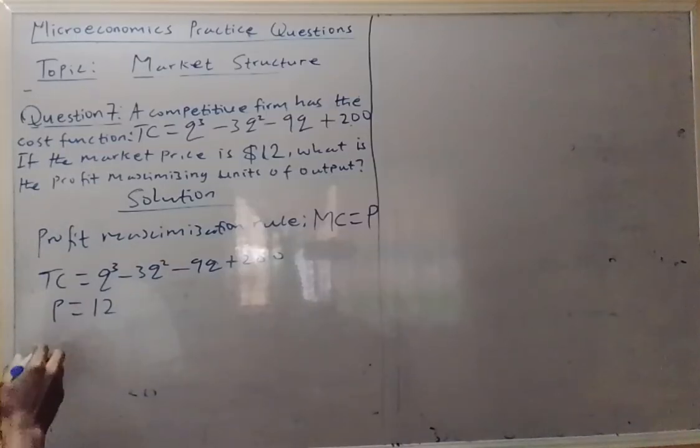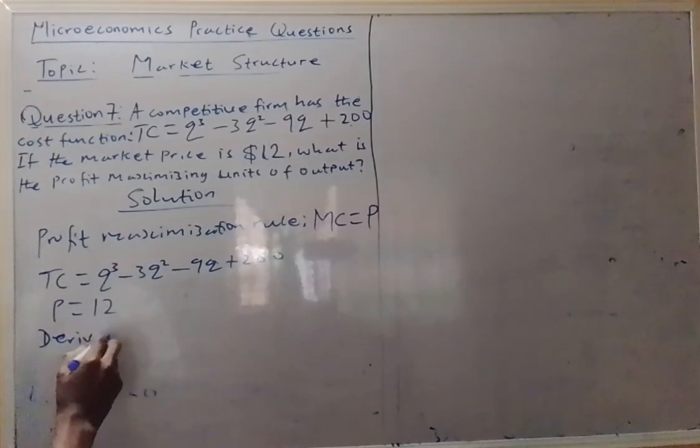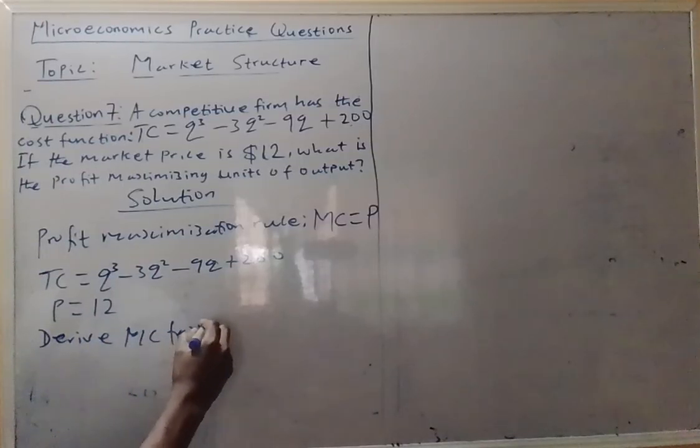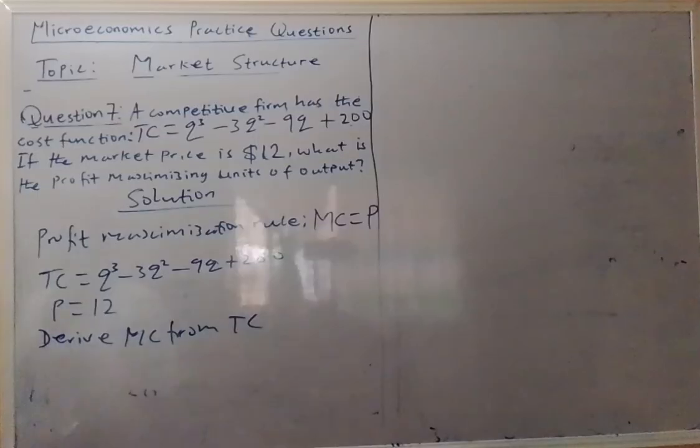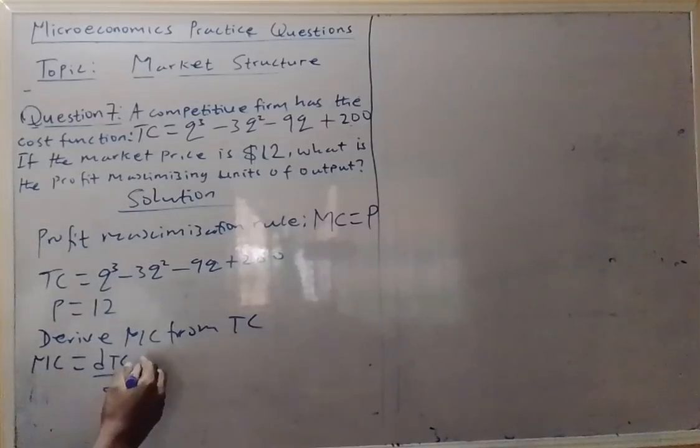So what we are going to do now is derive MC from TC. How do we derive MC from TC? MC is simply the first derivative of TC. In other words, MC equals dTC over dQ.